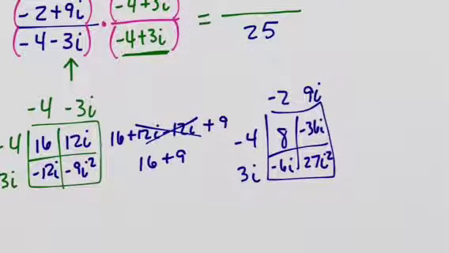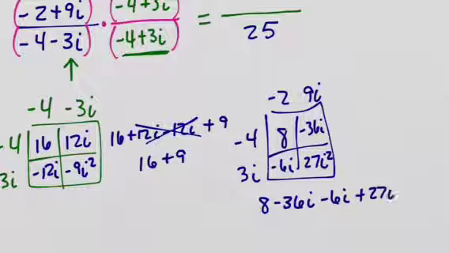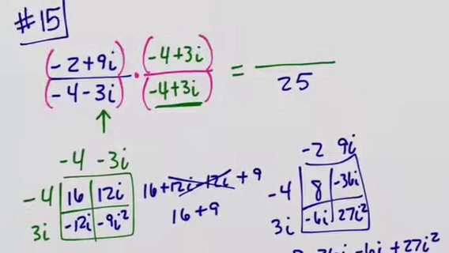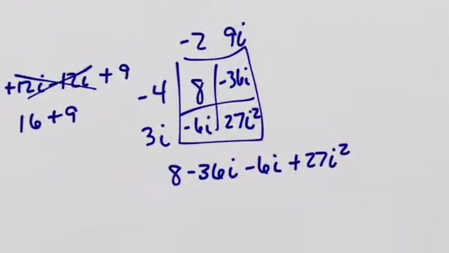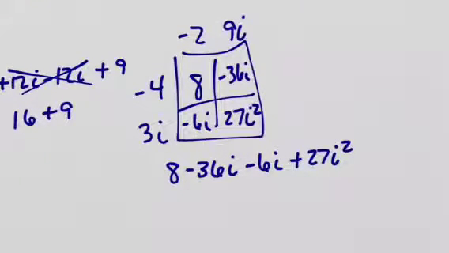Just multiplied out the top. So I get 8 minus 36i minus 6i. Notice that the i's don't cancel out here in the middle, and that's because the top up here, this negative 2 plus 9i, negative 4 plus 3i, they're not each other's complex conjugate, so it's just like multiplying a regular problem.